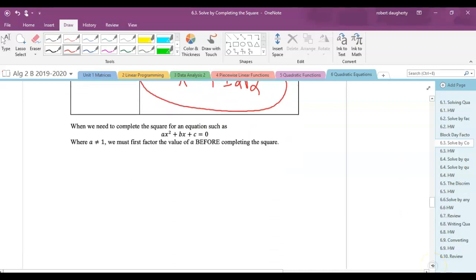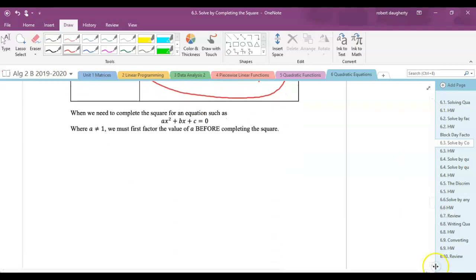Now, it gets a little more complicated when we see things like this. What we've been doing before is x squared plus bx plus c. Now we're trying to factor something that looks like ax squared plus bx plus c. Just a little bit of difference.